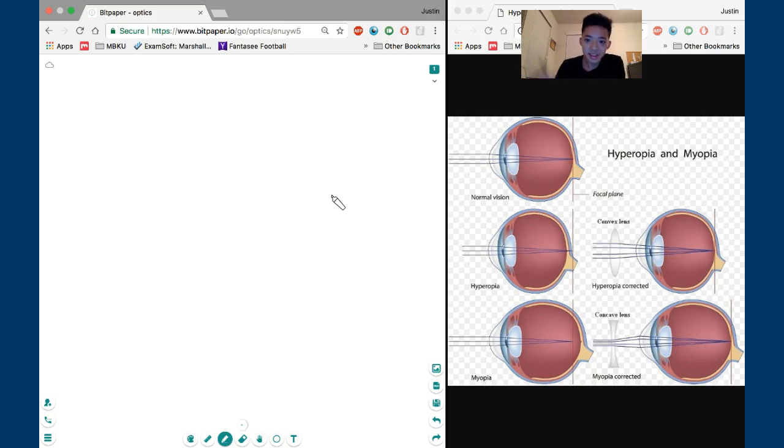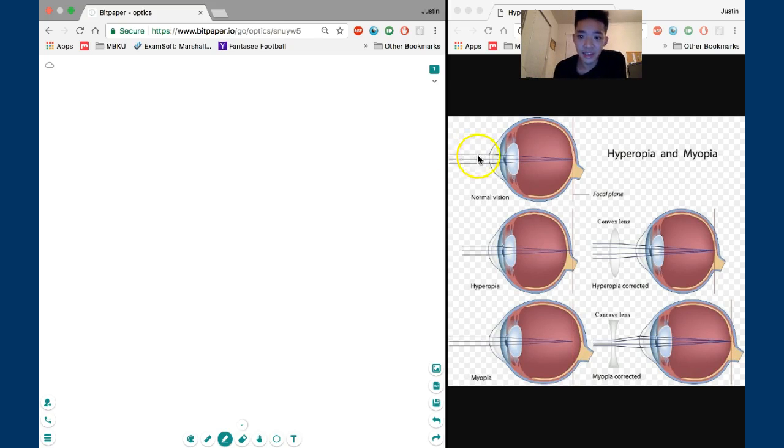If you look at this picture, this is what we call a normal or emmetropic eye, where parallel light, like light from a distance, and it doesn't have to be at infinity for us to consider it parallel. It could be pretty far away, maybe even 50 feet or something.